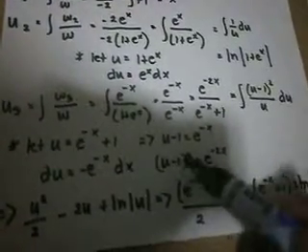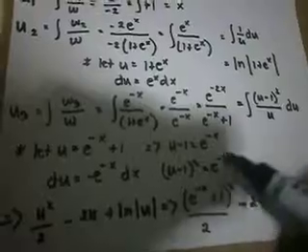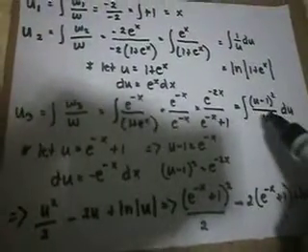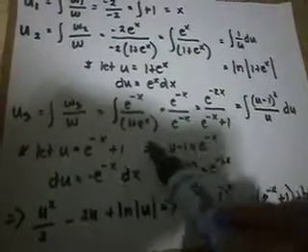So we have u minus 1 squared over u, where u minus 1 squared is just equal to e to the negative 2x, and u is just equal to 1 plus e to the negative x.